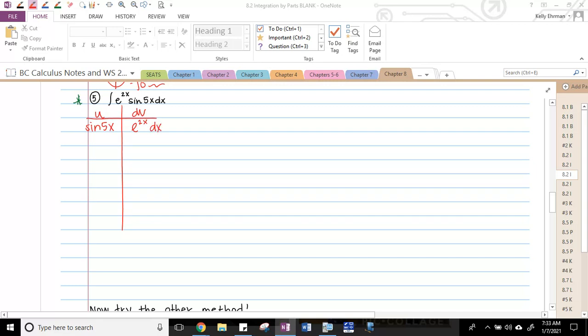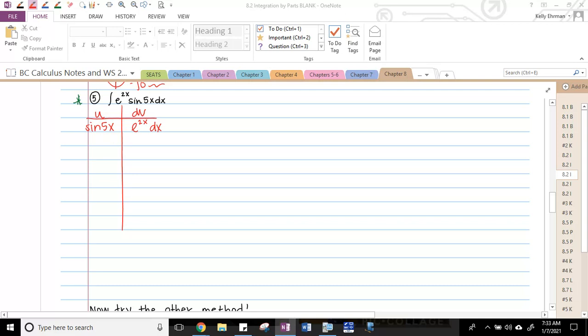I say has to be. It doesn't have to be that way. I think on these you could do it the other way. It's just I think this is easier. I haven't switched them around for a long time, so I don't remember if that's a lot longer or if it's similar. All right. Well, when I take derivatives of sine, I'm not going to be able to get down to 0, but I'll know when to stop when I get back to a sine of 5x.